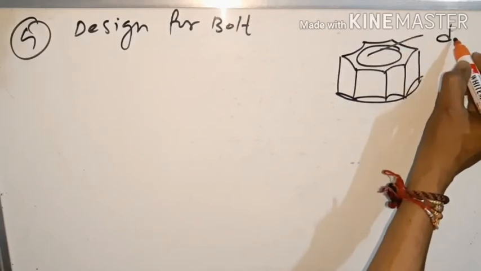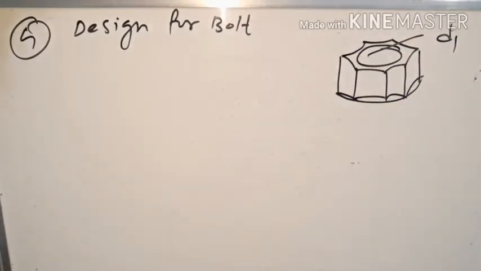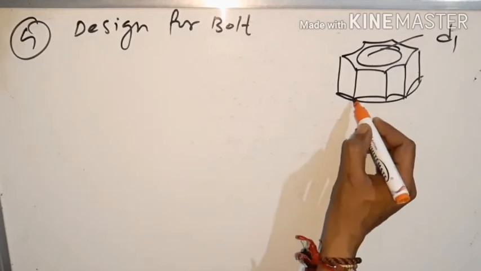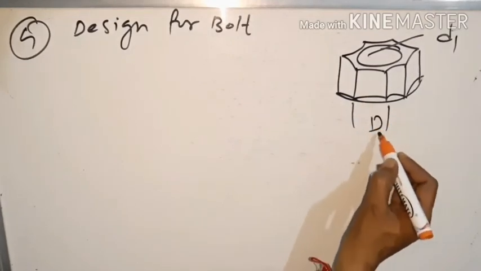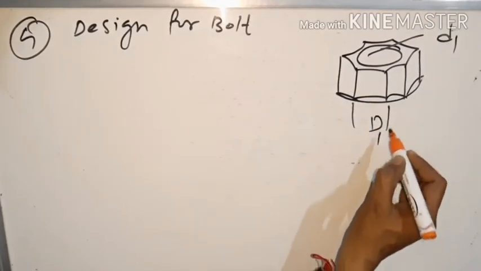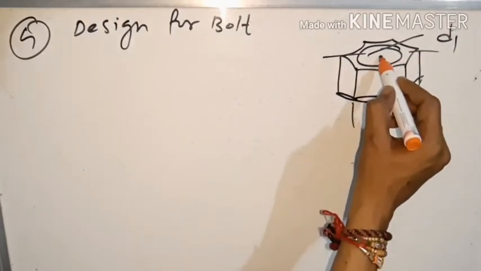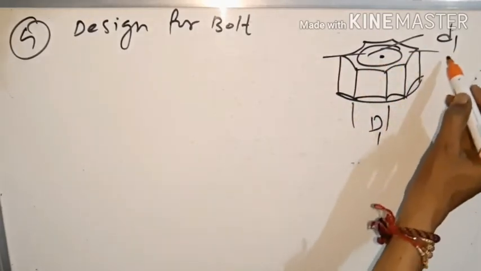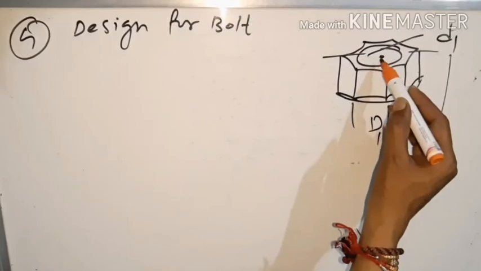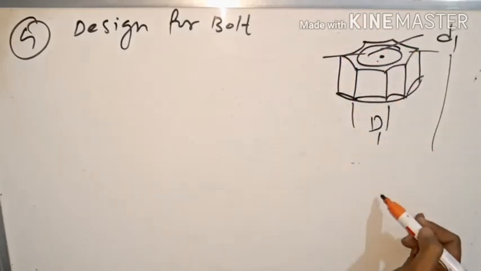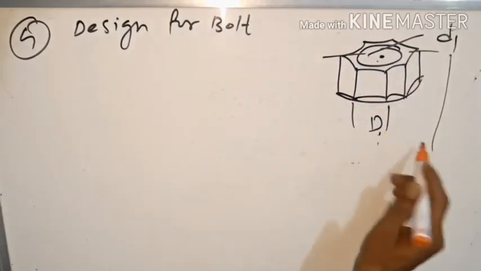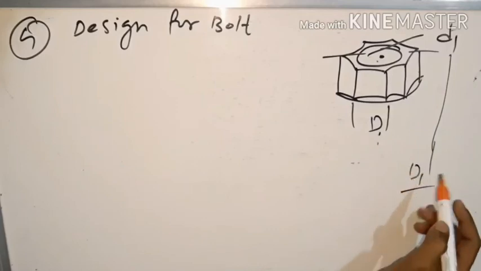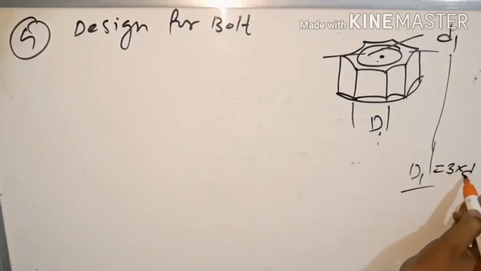This is the nominal diameter, and what is the pitch circle diameter? This one is your D. What is D1? It is the total from below to above, because we have two, one for the upper side and one for the lower side. So the distance is your D1, which is equal to 3 into D.